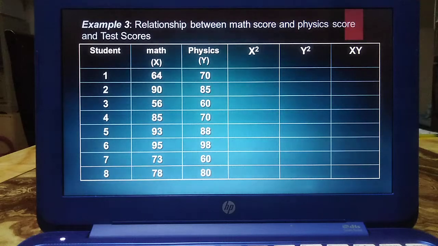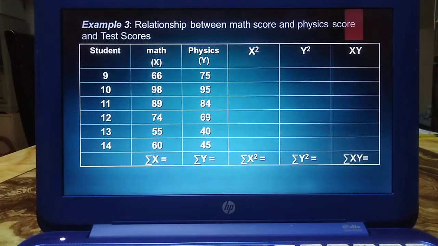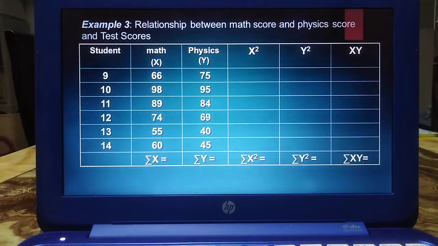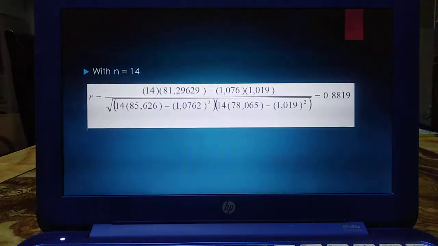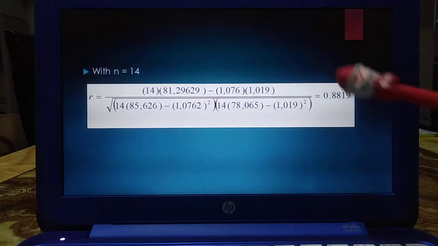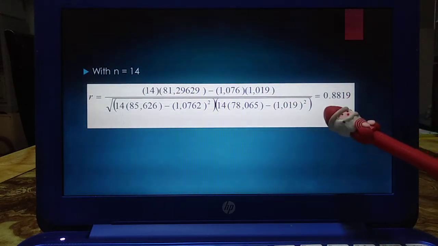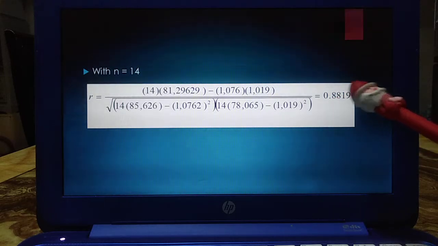Okay, for our third example, we have the relationship between the math score and the physics score and the test scores. So I will have 14 data. And then substituting into the table, we are going to get 0.8819.